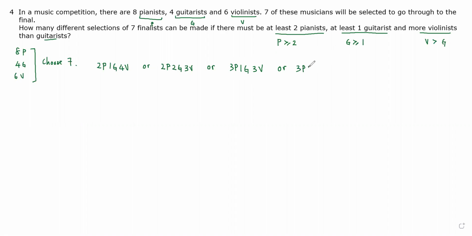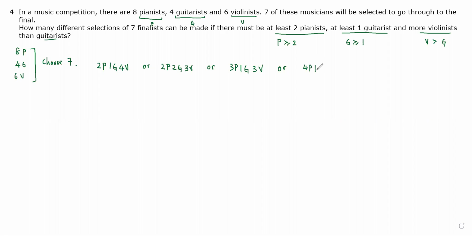We have 3P, 2G here, and then there are 5, and you should have 2V. That makes 7. But the number of V must be greater than the number of G. So this is not a valid selection. Then we increase the number of P to 4.